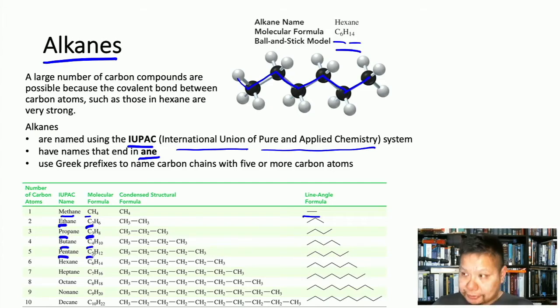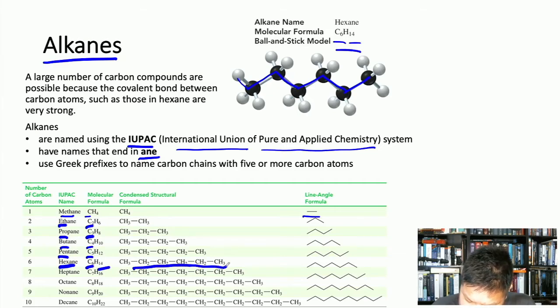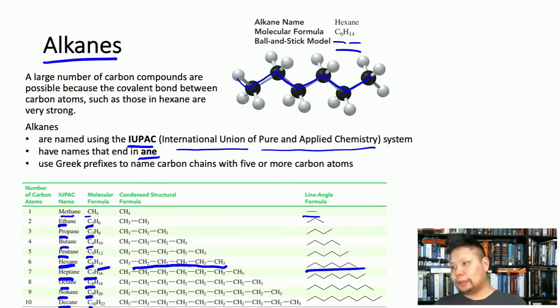It starts to get a little easier with the naming now, because now it's just the Greek prefixes that we already know. Like hexane for 6 carbons, 14 hydrogens, all singly bonded together, as you can see. Heptane, which is 7 carbons. Octane, which is 8 carbons. Nonane, 9. Decane, which is 10. And it goes on from there too. Like dodecane, things like that.